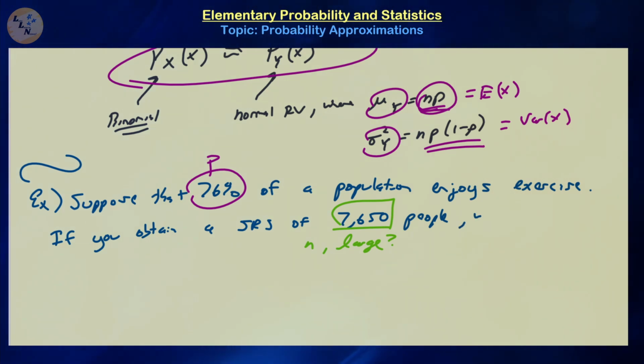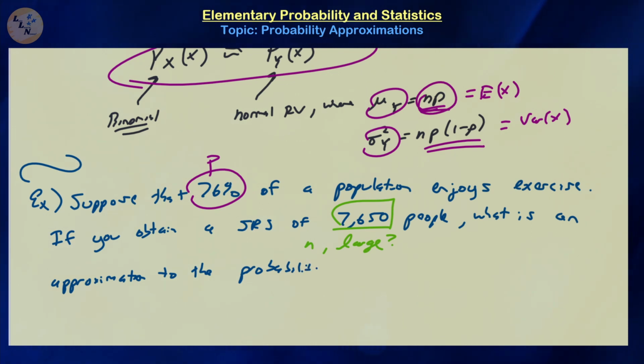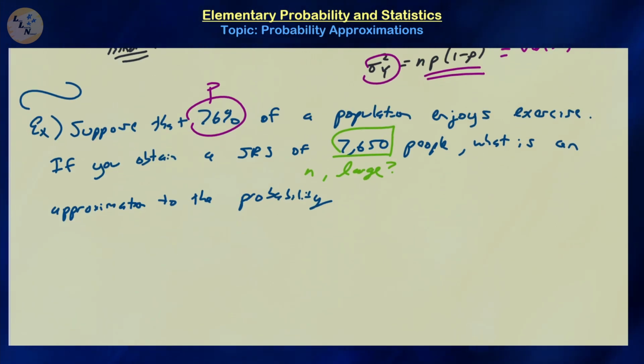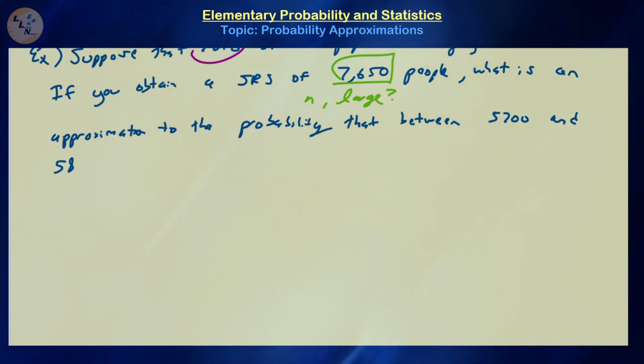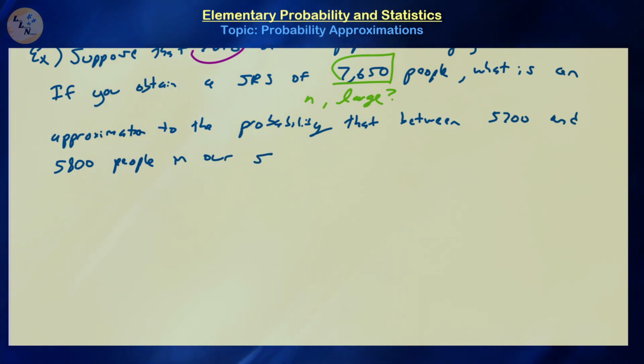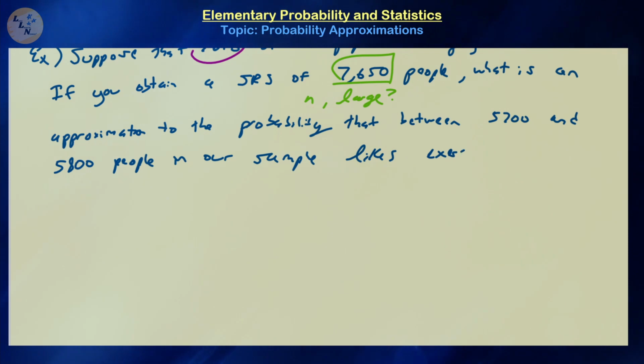What is the probability, or what is an approximation to the probability, that between 5,700 and 5,800 people in our sample like exercise?